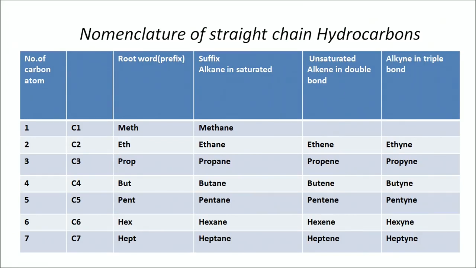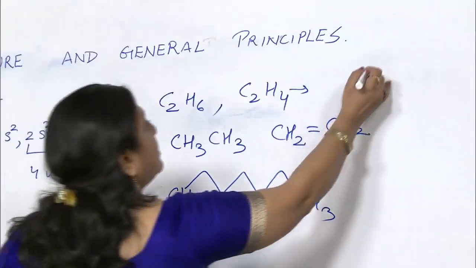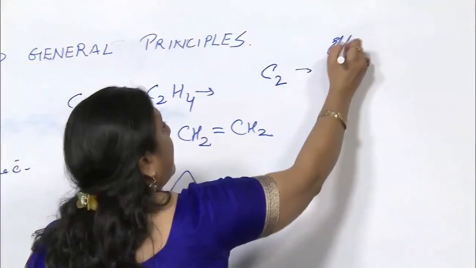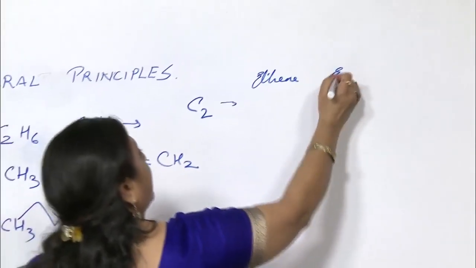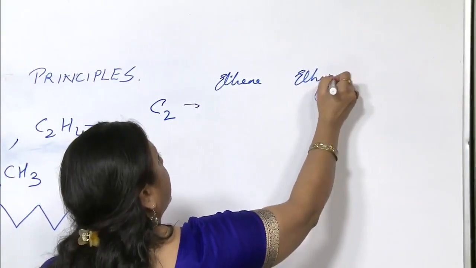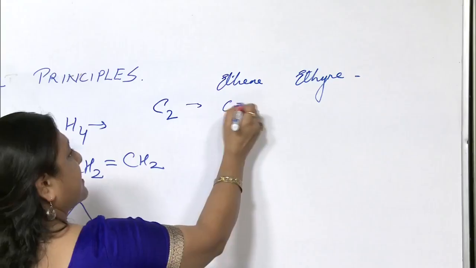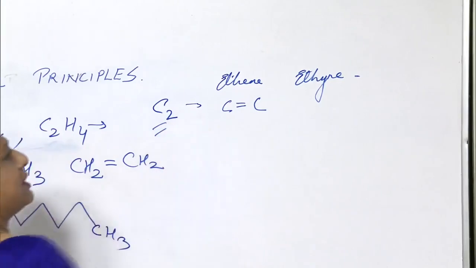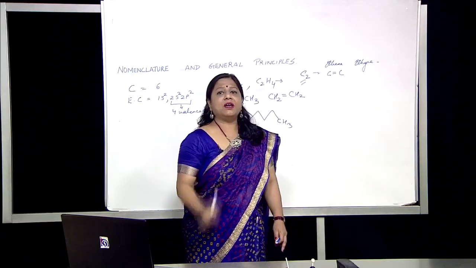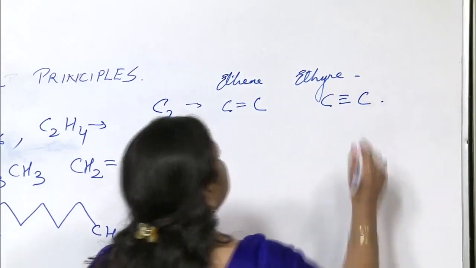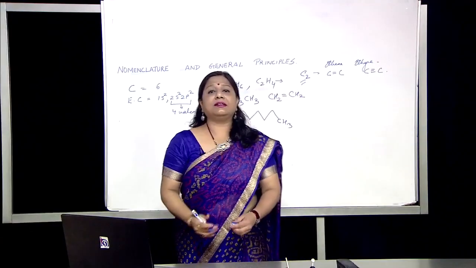For example, with carbon 2 it is ethene or ethyne, the first member, because the double bond is present between carbon and carbon. So C double bond C or C triple bond C is ethene or ethyne.